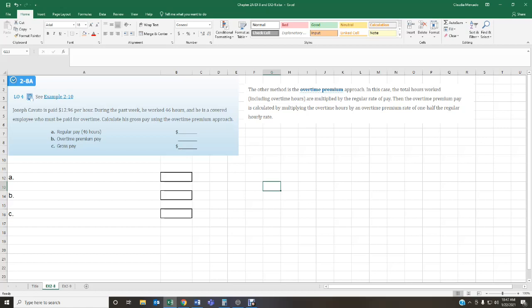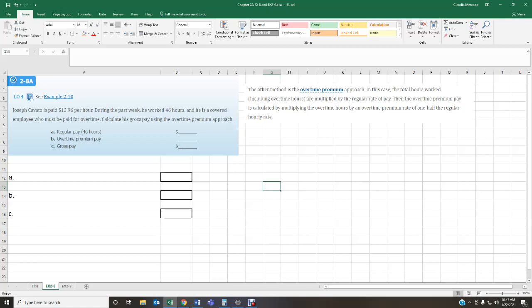Before, in the prior lecture, we learned about calculating overtime using the 1.5, the time and a half rate. In this case, they're being very specific. They're asking you to use the overtime premium approach, which is a different approach of calculating your overtime. This is coming straight out of your book. It says that the other method of calculating overtime is the overtime premium approach, which is what we're using now.